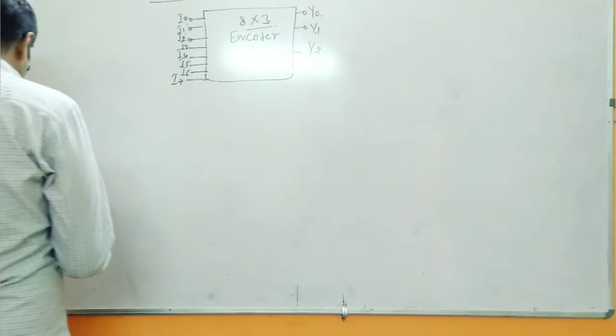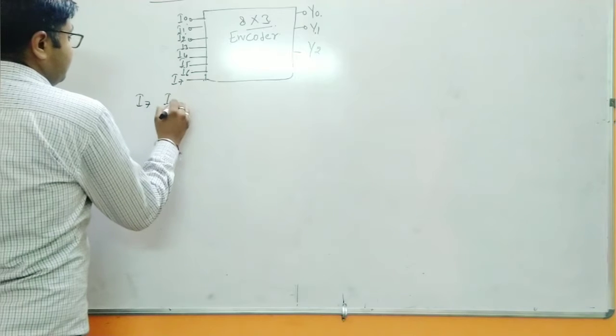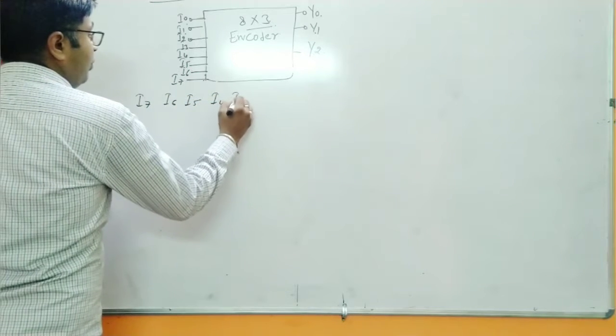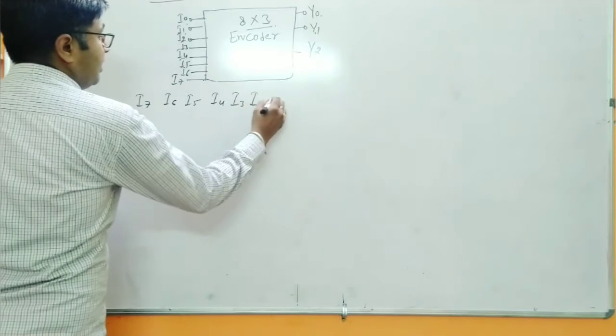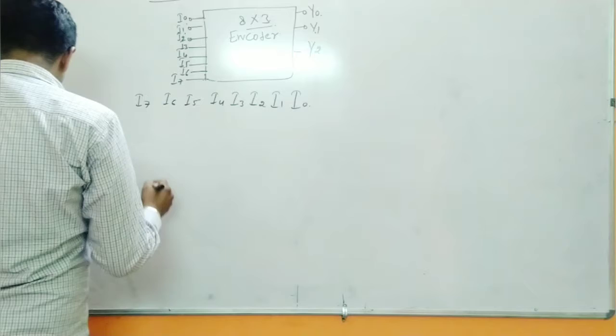Now if you are going to write it, it can be written as I7, I6, I5, I4, I3, I2, I1 and I0.